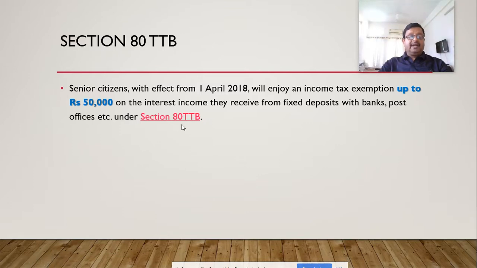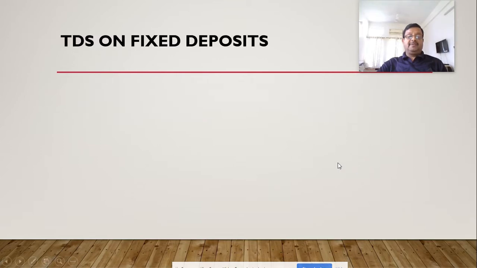So mind it, 80TTB is exclusively for senior citizens and it is on interest on fixed deposits with banks or post offices, and the deduction is as high as rupees 50,000. So please advise senior members of this particular section 80TTB.